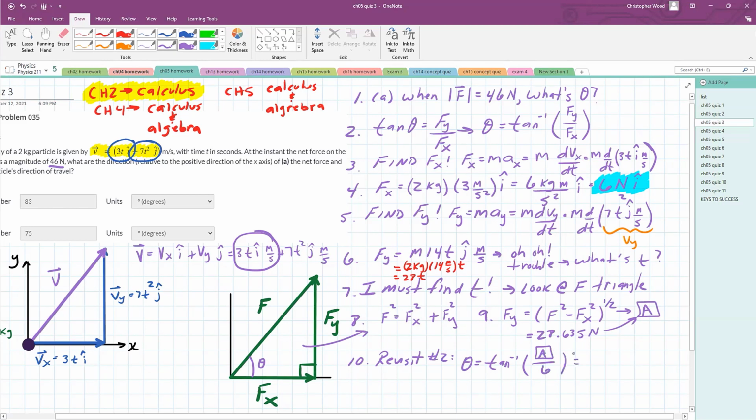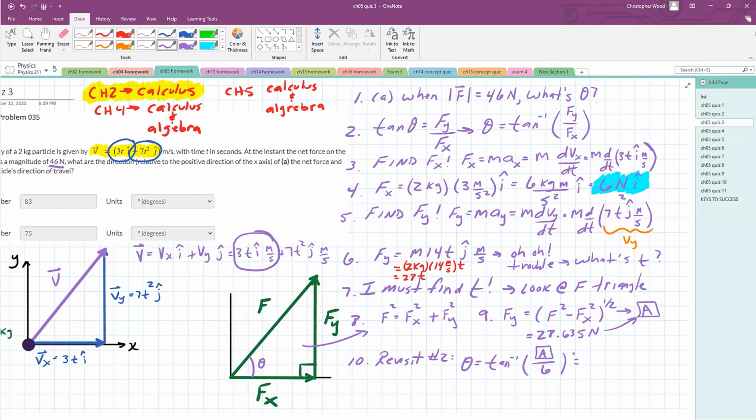And let's see, I divide this by 6, arctan, I get 78 and some change. Okay, so let me redo it: 46 squared minus 36, right?